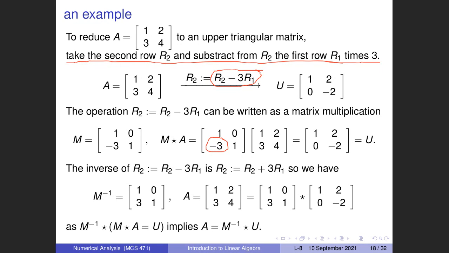Also, we will see that this can be used further. The property here is that lower triangular matrices with ones on the diagonal, or any triangular matrix that has non-zero diagonals, is actually invertible.